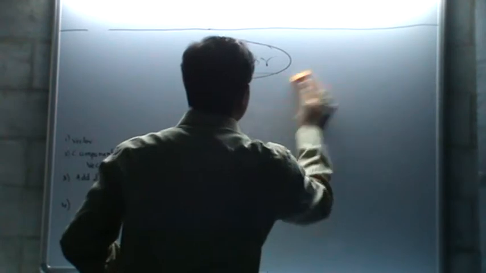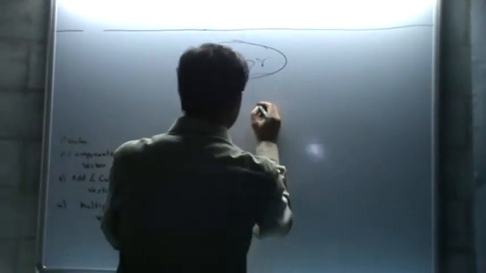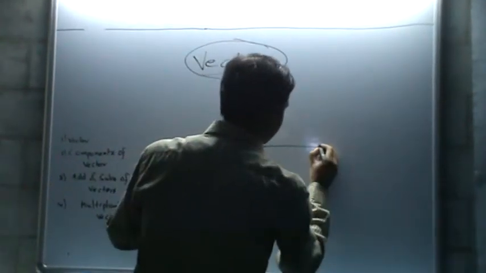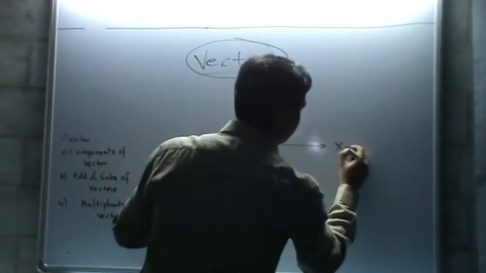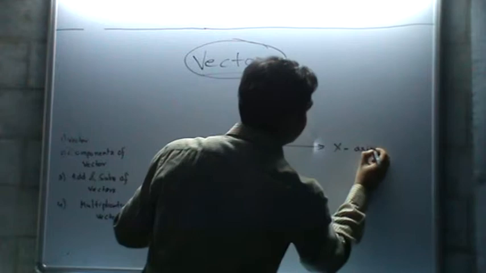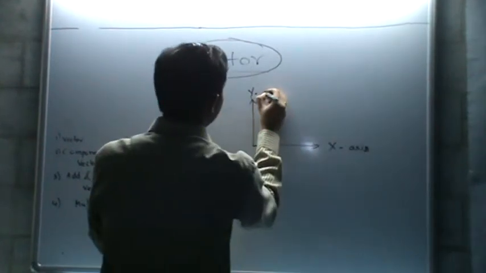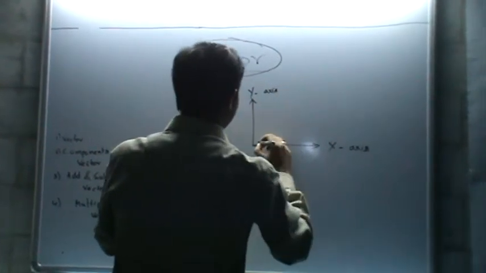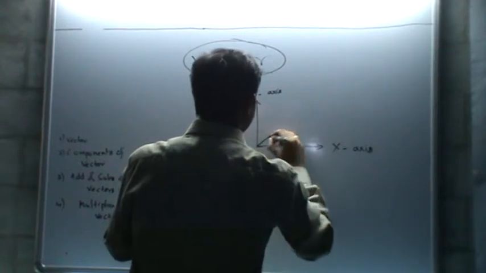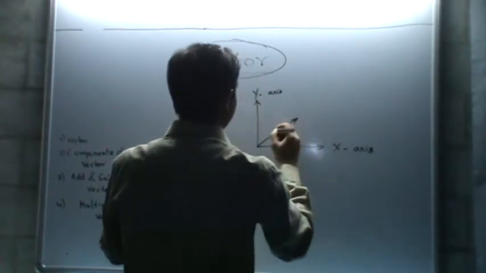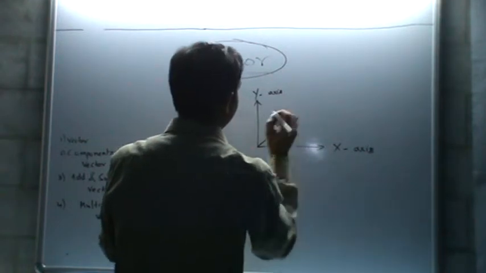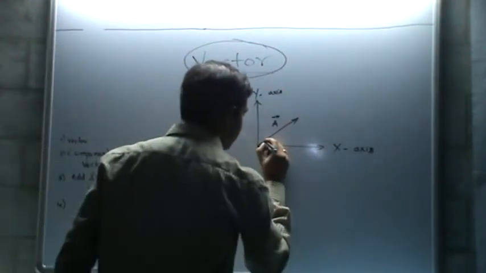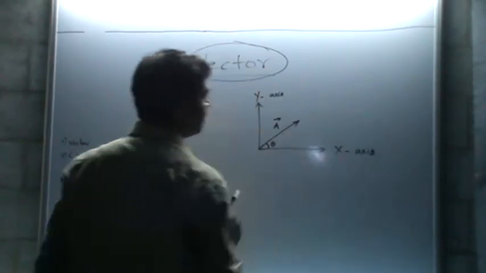Now we have seen it on the x-axis and y-axis. Normally we describe a vector this way. We will write vector A with a certain direction, say angle theta.